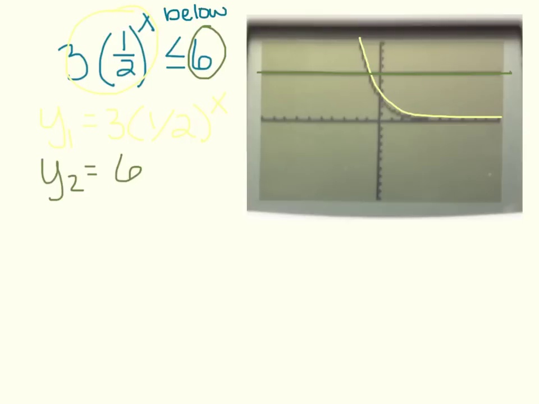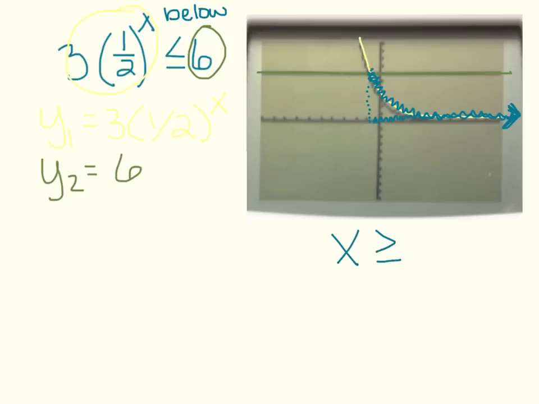So we're going to shade all of the yellow part that's below the green part. And it keeps going. So I'm going to draw a dotted line down to my x-axis and shade all the x's that correspond. So it's going to be another x is greater than because it's to the right, greater than or equal to this time because it is touching.